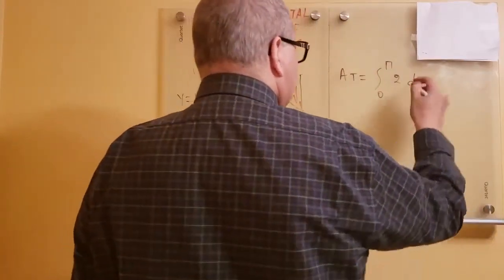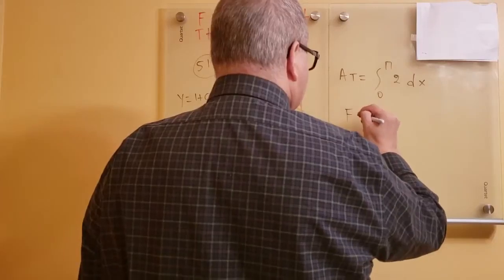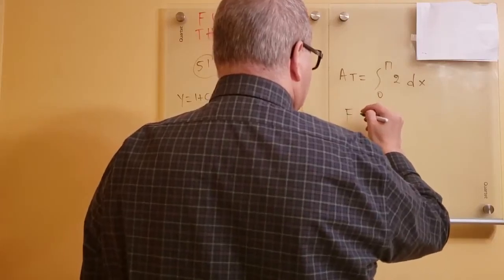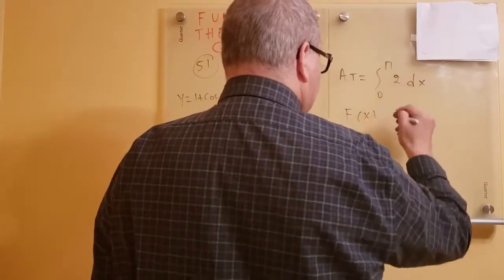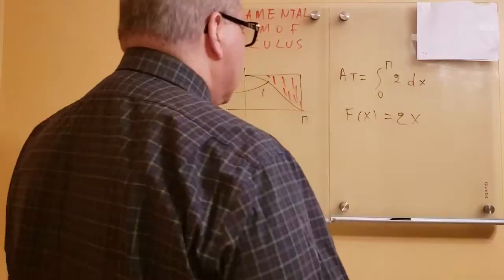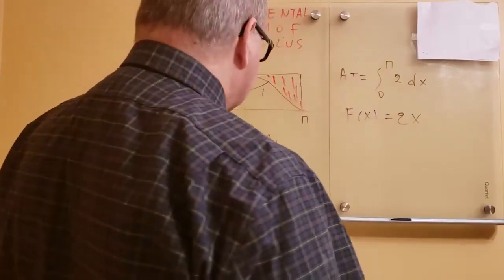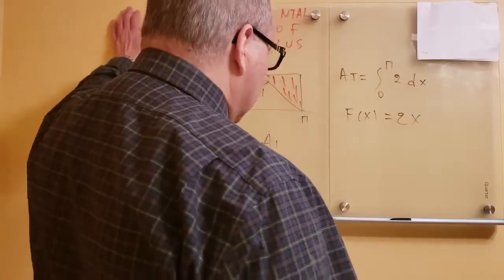So let's find it. If you find the antiderivative of this, let's say capital F, the antiderivative of 2 is 2x, plus c, but in this case, as in the previous problems too, the c doesn't play any role.